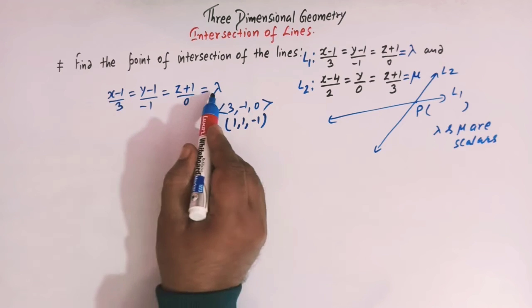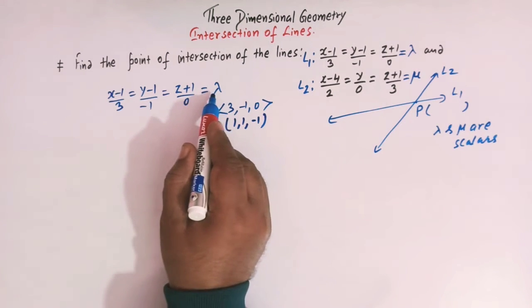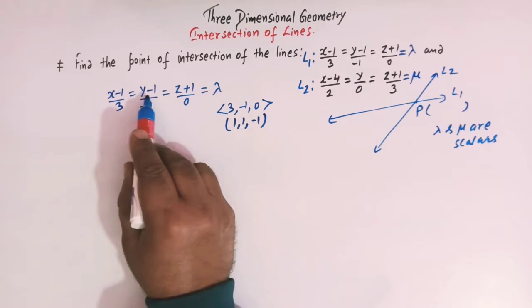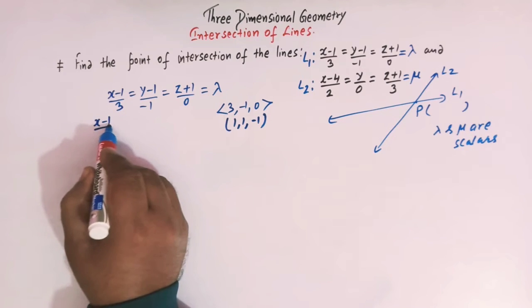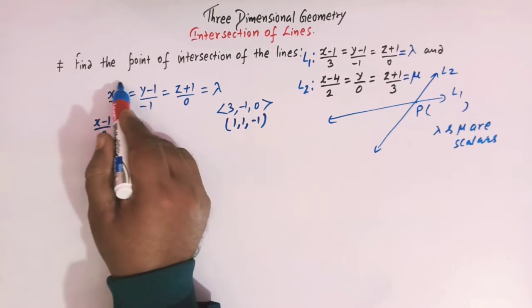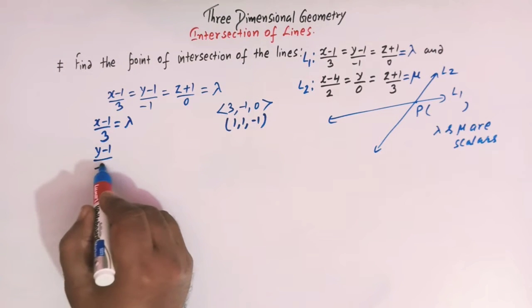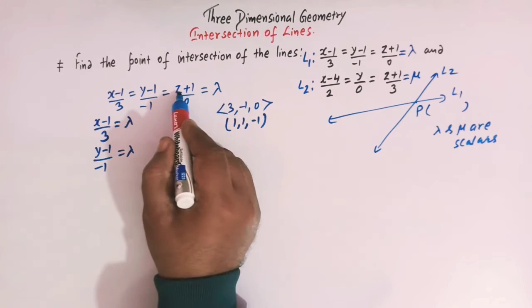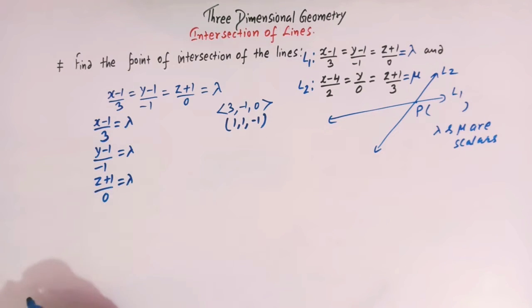From here we'll form three equations in x, y and z. First we'll take (x minus 1) over 3 is equal to lambda. We'll equate this term to lambda, then we'll equate (y minus 1) over minus 1 to lambda, then (z plus 1) over 0 is equal to lambda.